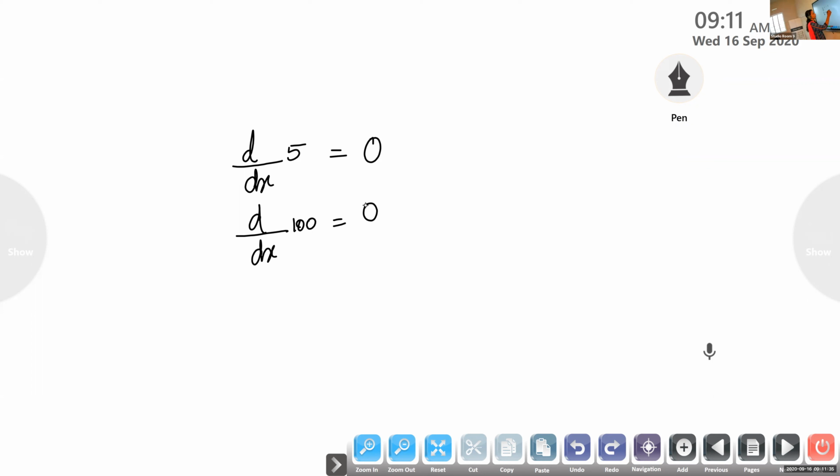Michael, derivative of x square? 2x. Good. Aishwarya, derivative of x cube? 3x square.